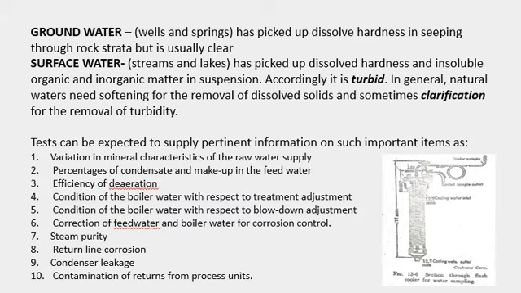So tests can be expected to supply pertinent information on such important items as variation in mineral characteristics of raw water supply, percentage of condensate in makeup in the feed water, efficiency of treatment, condition of the boiler water with respect to the treatment adjustment, condition of the boiler water with respect to blowdown adjustment, correction of feed water and boiler water for corrosion control, steam purity, return line corrosion, condenser leakage, and contamination of returns from process units.